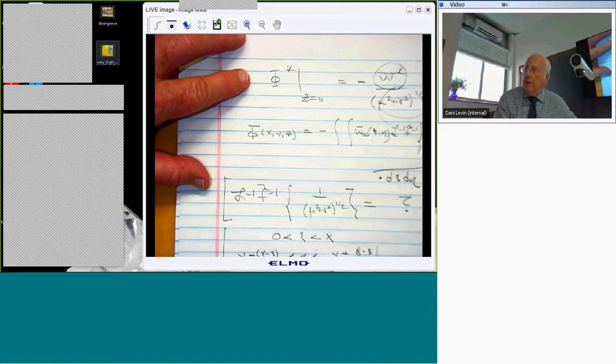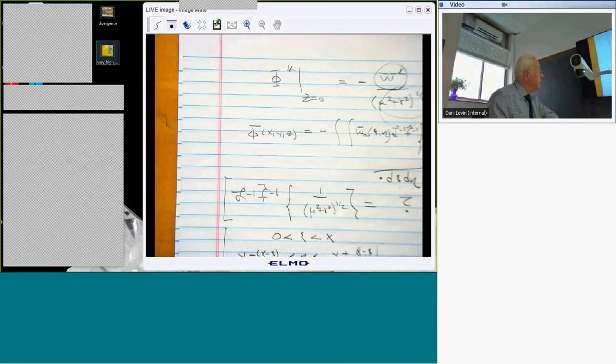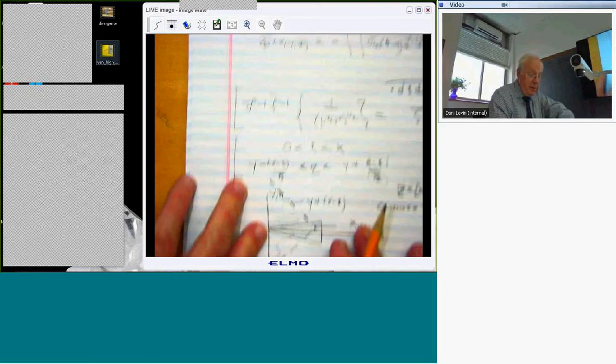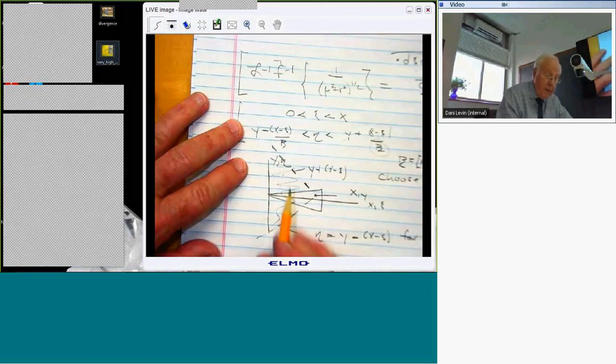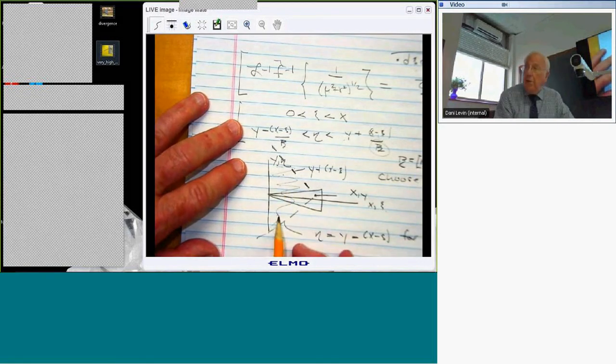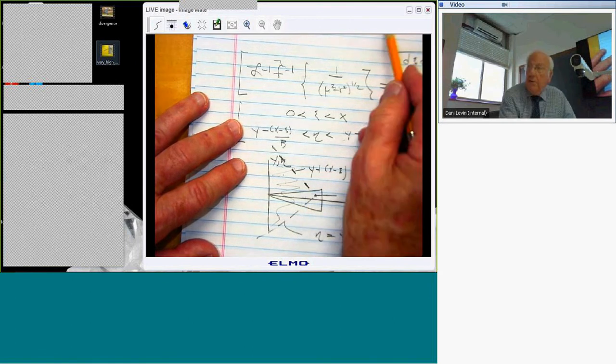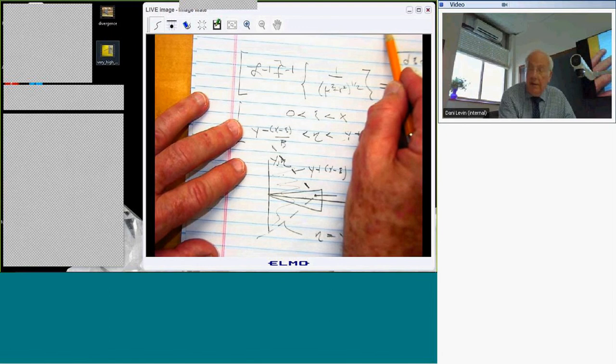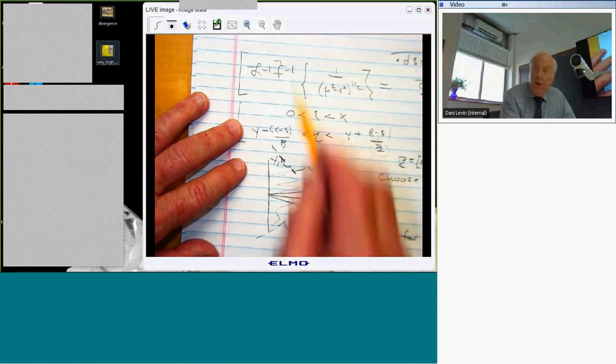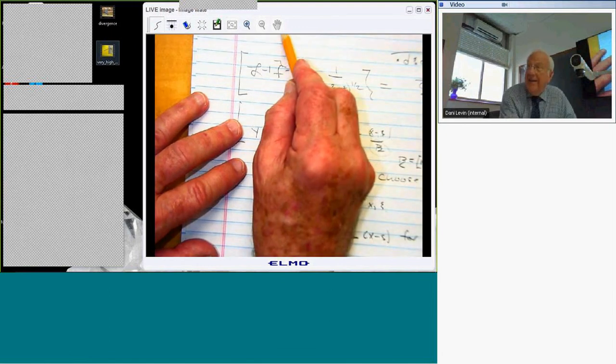I need to integrate in this area off the wing. So let's review where we are in the lifting case, the case I just discussed. On the wing, I know this. Off the wing, I know that. And I don't know this.